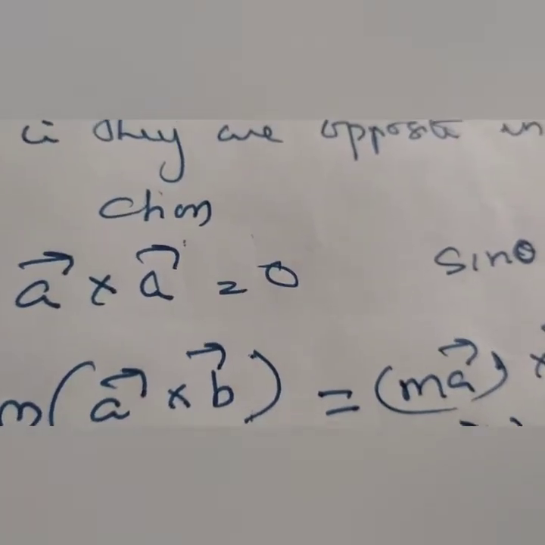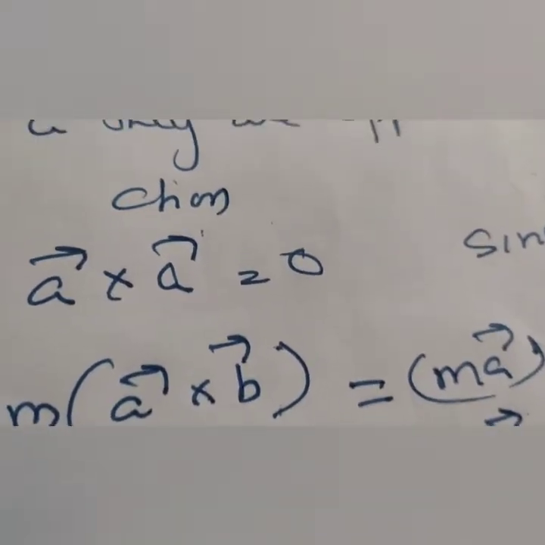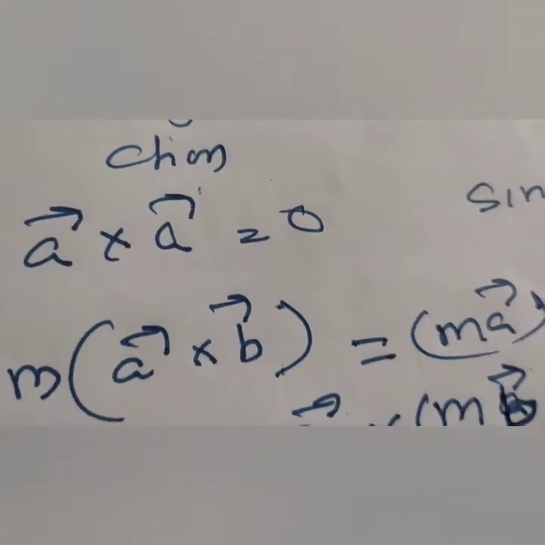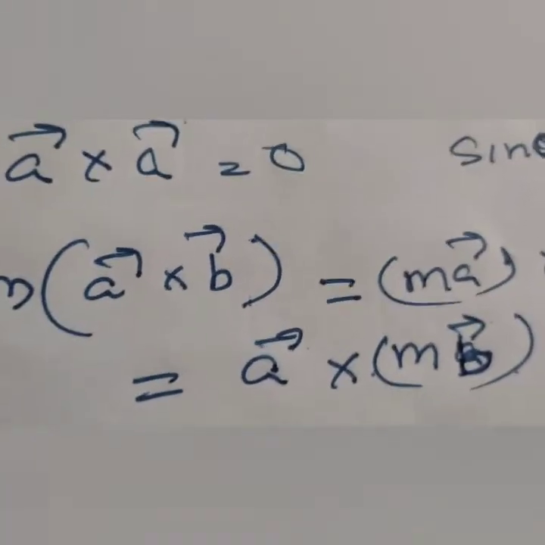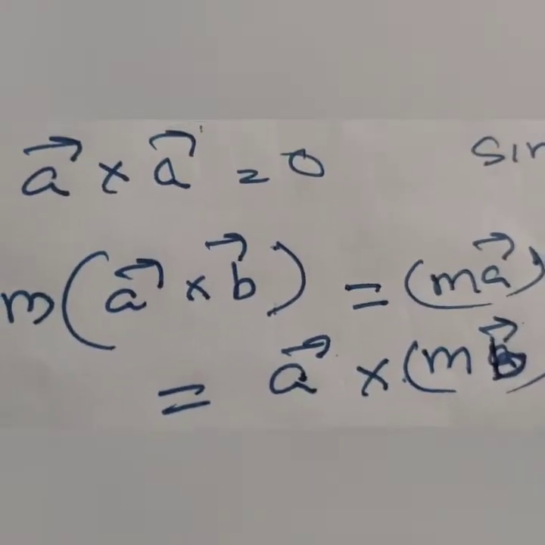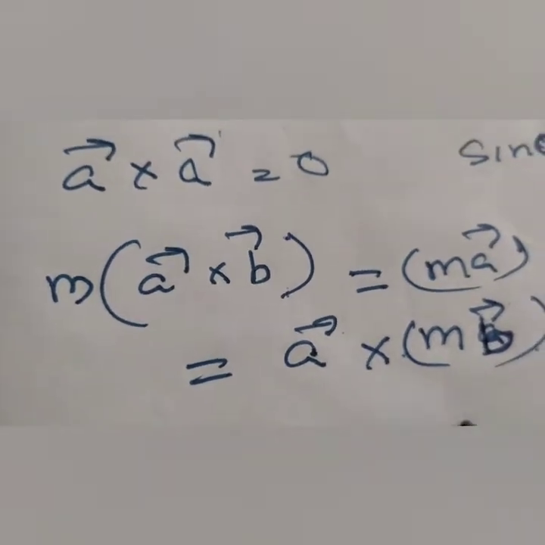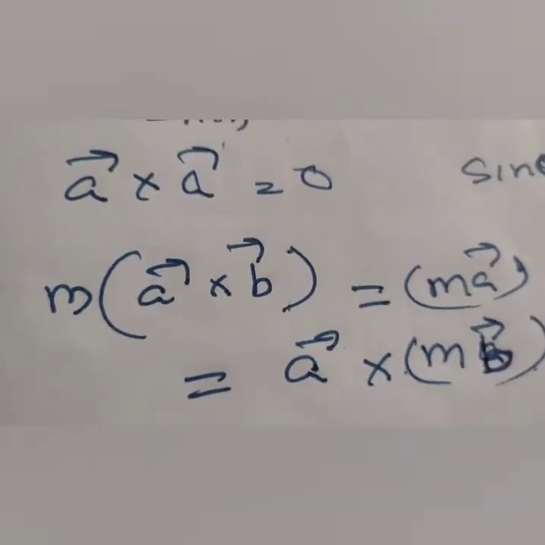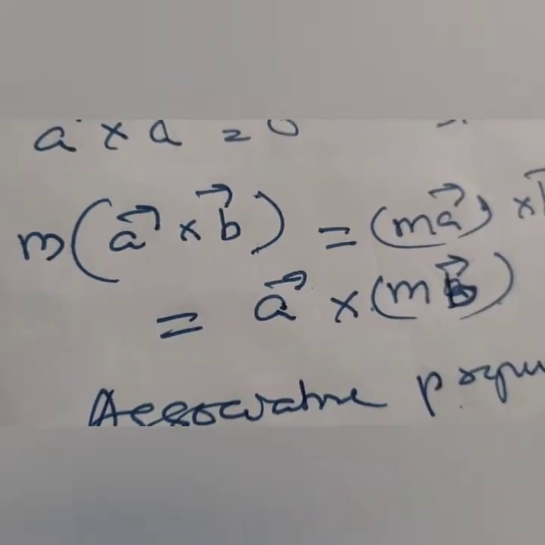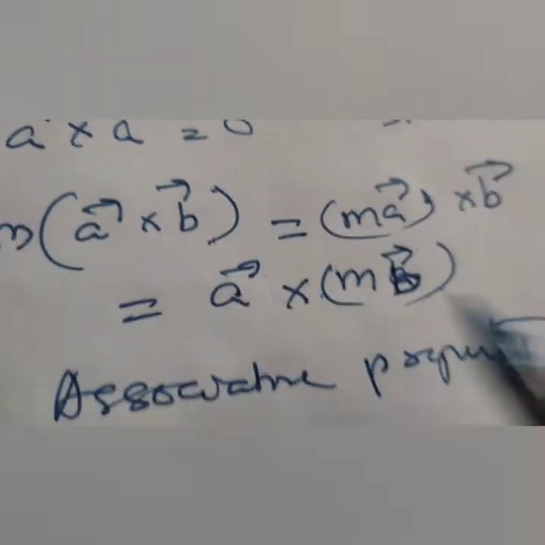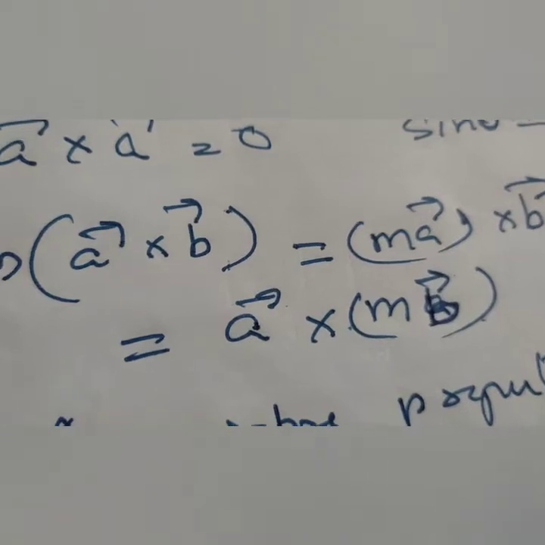What it means is a scalar multiplied by a vector; this property is called the associative property. Dot product is also the same. You can multiply m into A dot B, equal to mA dot B, equal to A dot mB. Same.